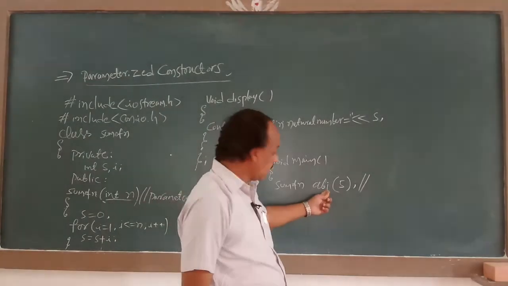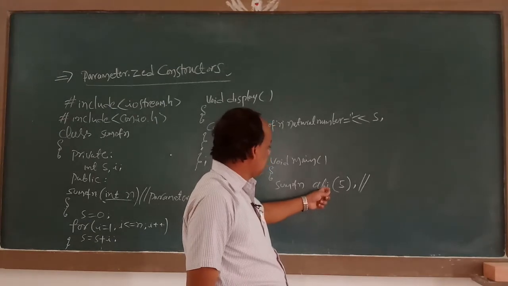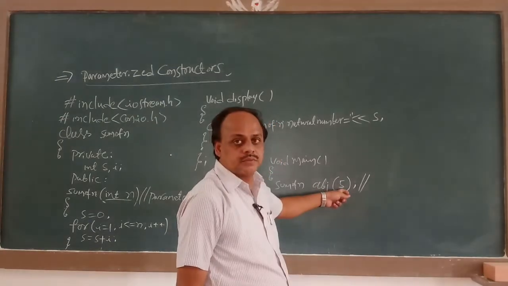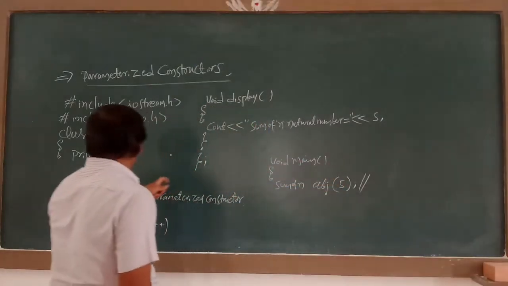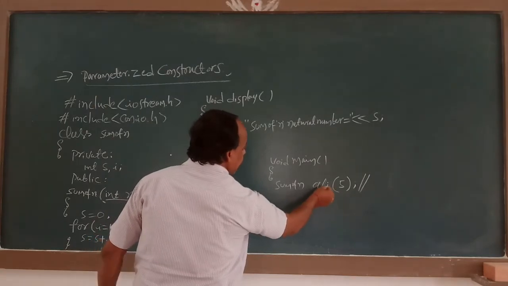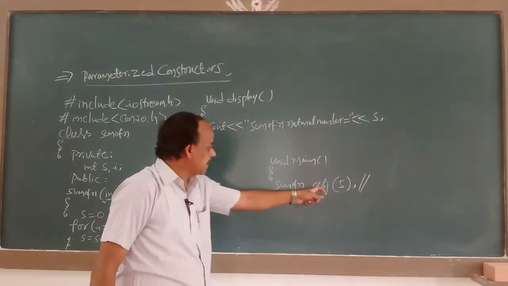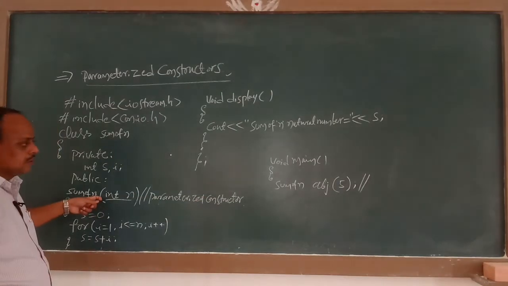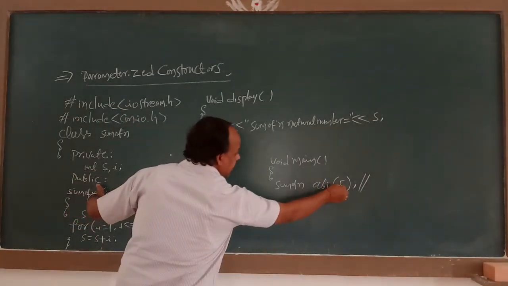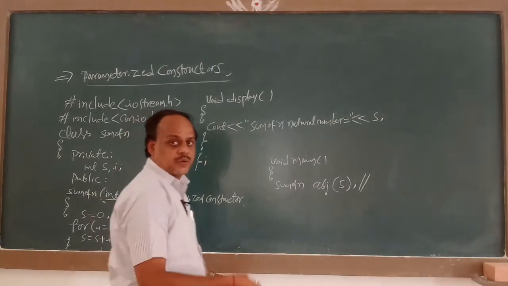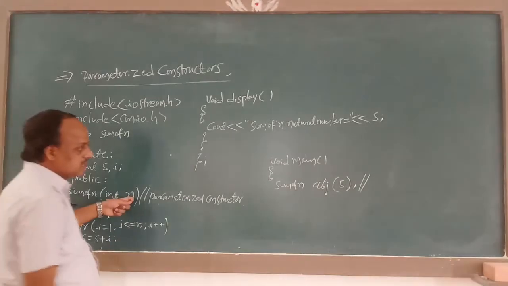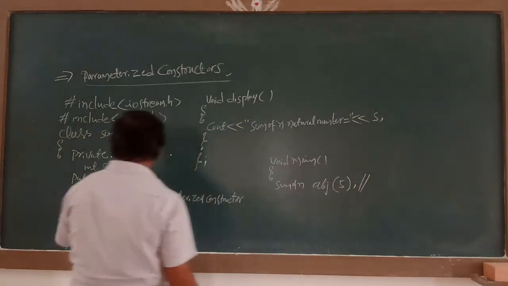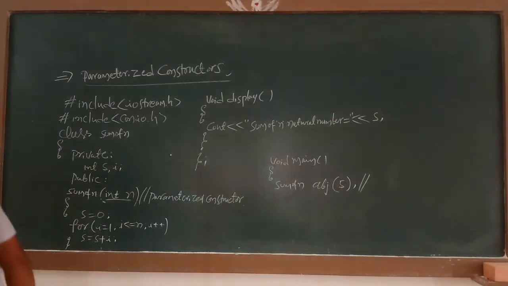Here I am declaring an object, and this object contains the actual argument 5. It is passed to this. Whenever the object is declared, at that time the constructor is invoked. So this value, the actual value, comes here and is assigned to n. So this is the actual argument, and this is the formal argument, right?